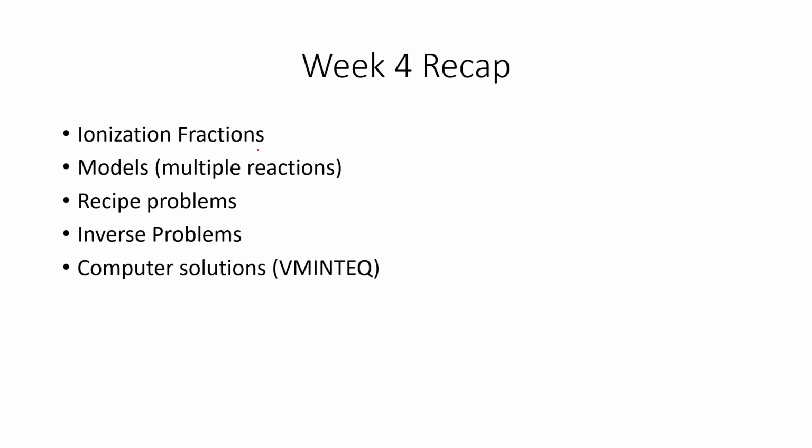We have seen what the ionization functions are, which were in terms of alpha naught, alpha 1 for monoprotic acid, and alpha naught, alpha 1, alpha 2 for diprotic acid. This was for monoprotic.